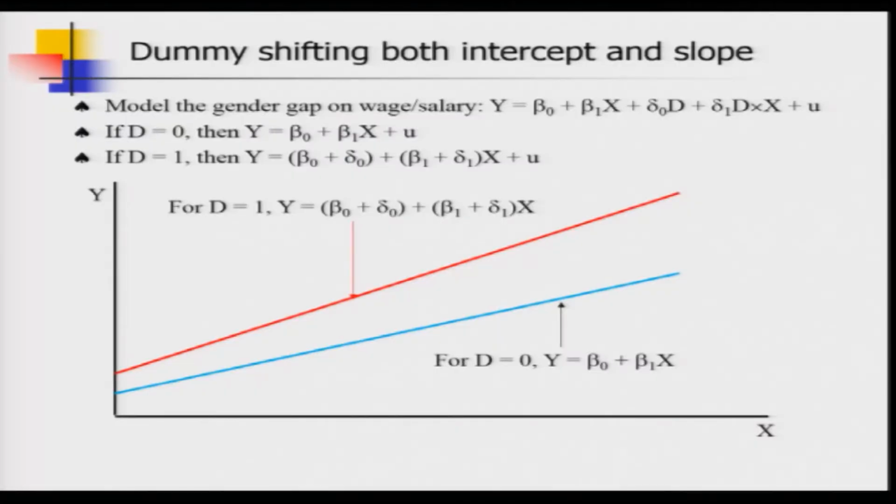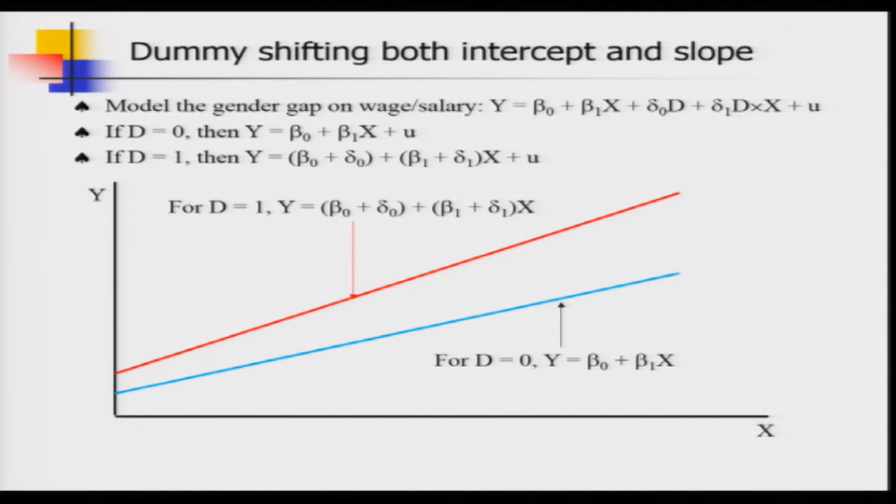Now we are going to talk about the most general model involving one continuous regressor and one discrete dummy variable. So, here we are in the same setup. We are trying to explain the gender gap on wage or salary.